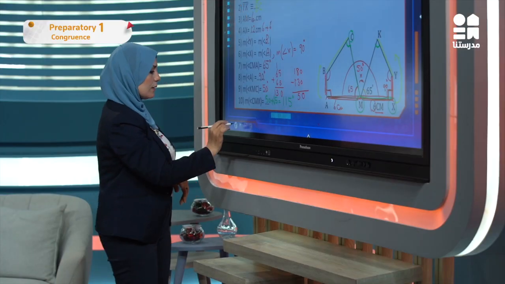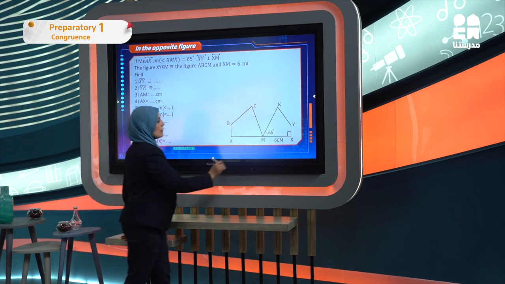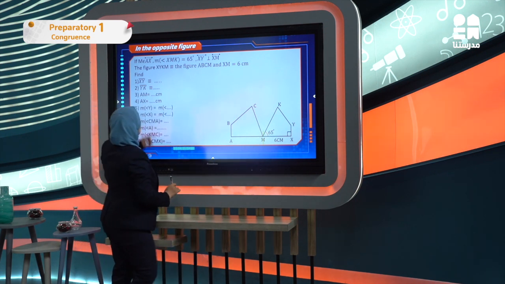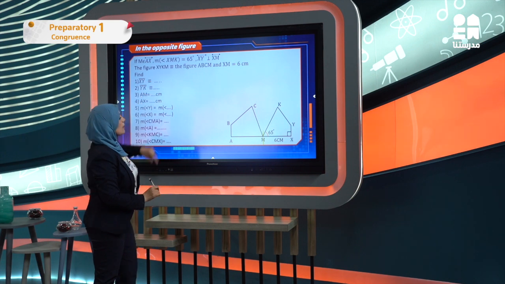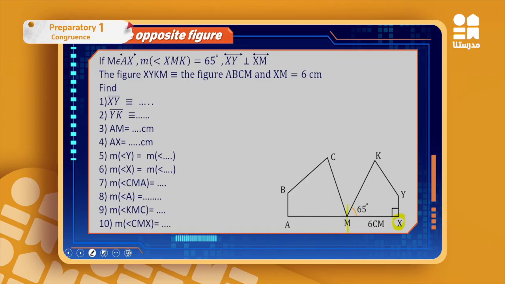I need to clear all. XYKM. And then the other one is ABCM. Let's call it by another name. Let's start from M, for example. Here we have the first one, MXYK.